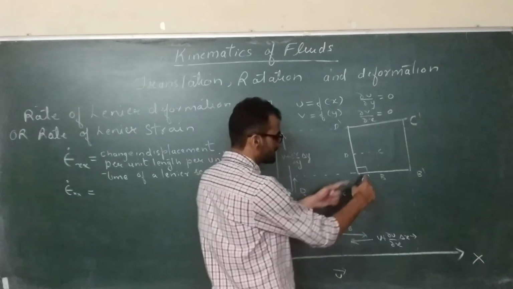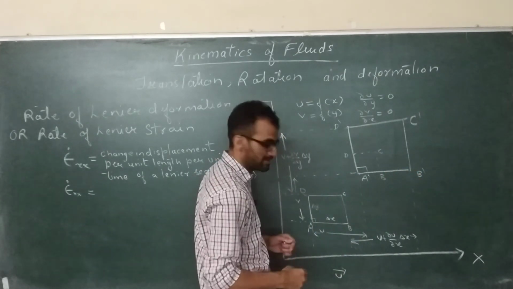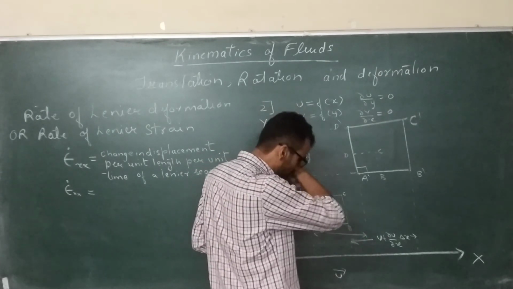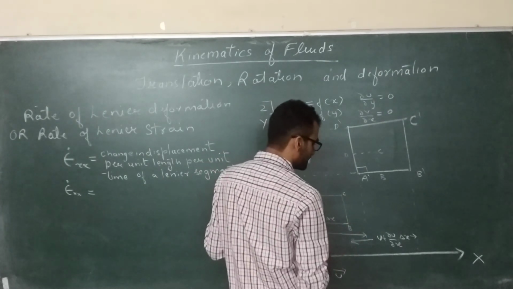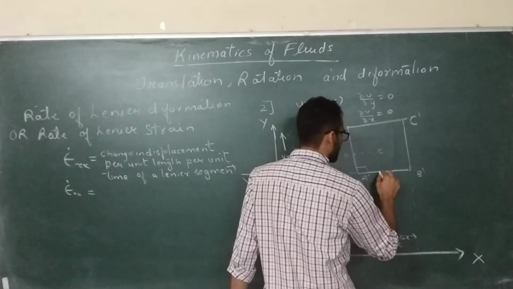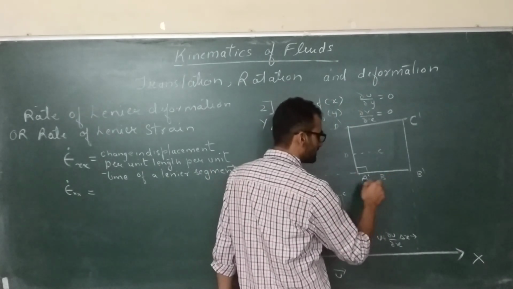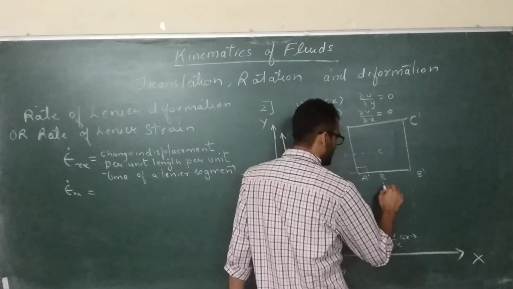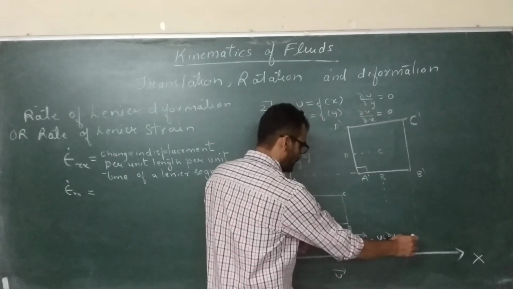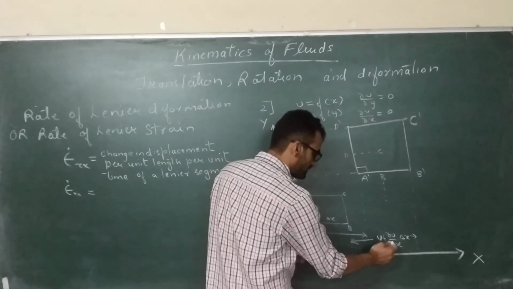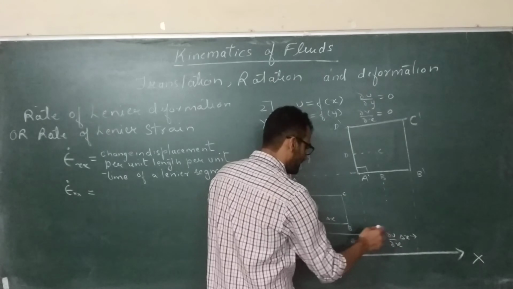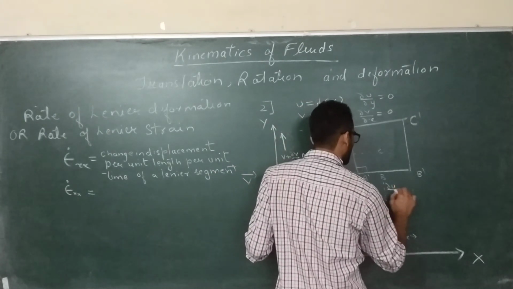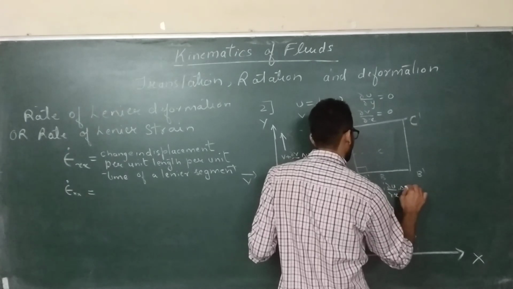So segment AB is changing its length in x direction. Original length was delta x and what is the extra length? This was AB, new length is A dash B dash. So how much extra has it traveled? This total distance is U plus del U by del X into delta X, and this distance is U. So this difference would be del U by del X into delta X.